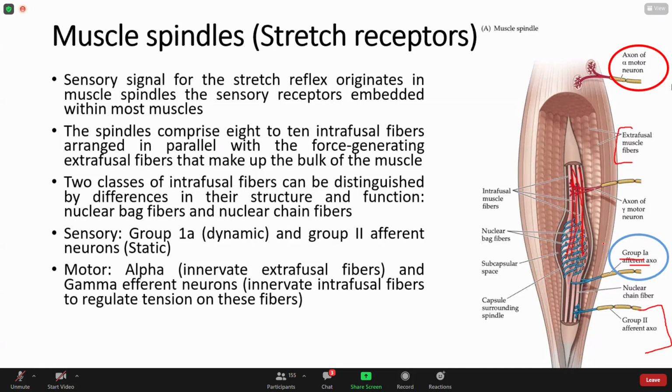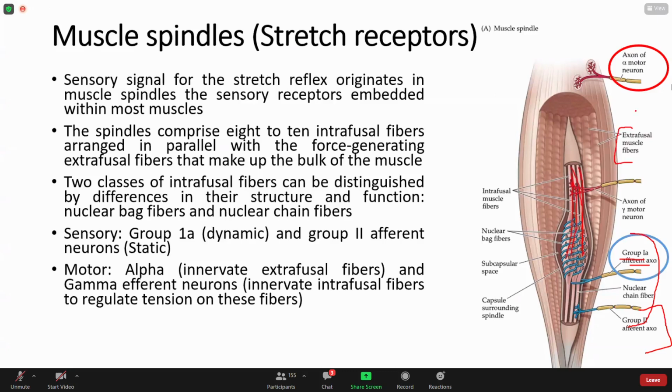Now, these are what we call the muscle spindles, the sensory neurons innervating the intrafusal fibers. In terms of the motor neurons, which motor neurons innervate the muscles? The alpha motor neurons innervate which part of the muscles? The extrafusal fibers. Very good.